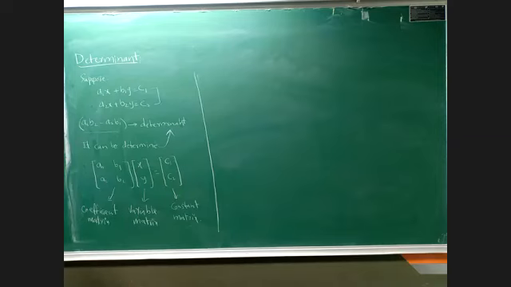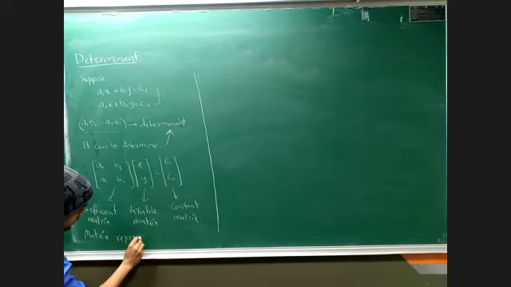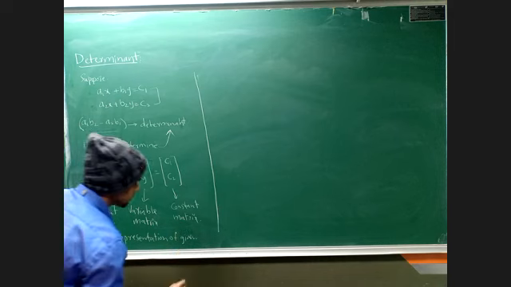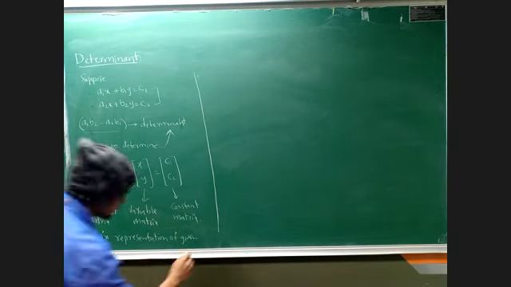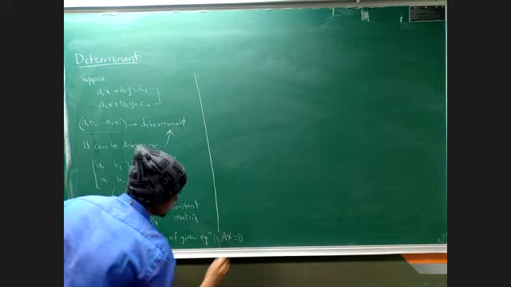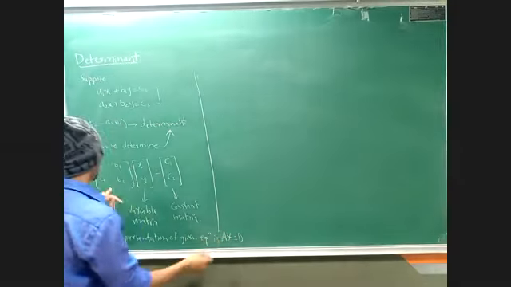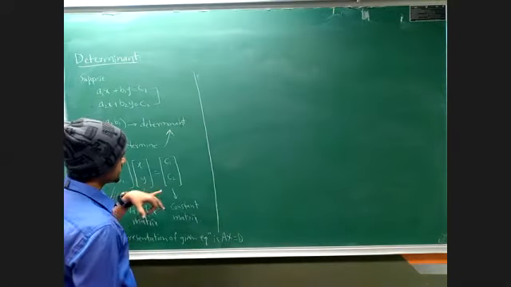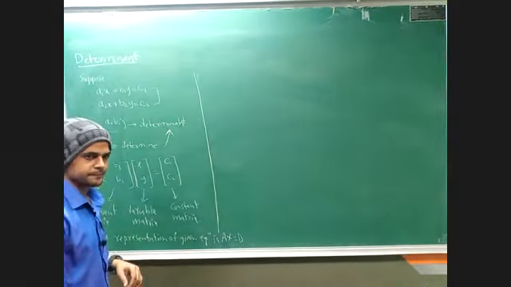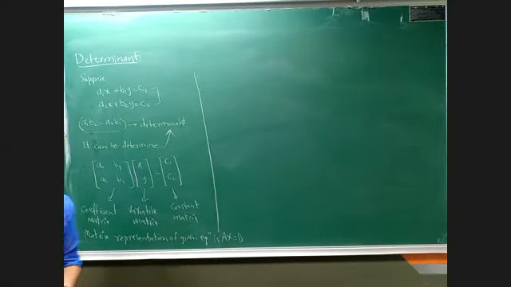So the matrix representation of the given equation is AX is equal to D, where A is called the coefficient matrix, X is called the variable matrix, and D is called the constant matrix. Note down this thing.